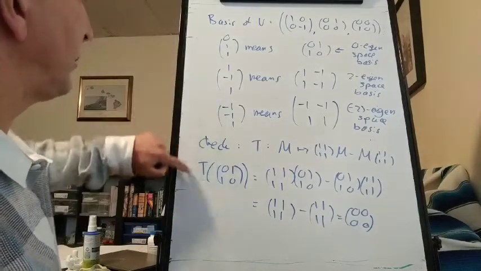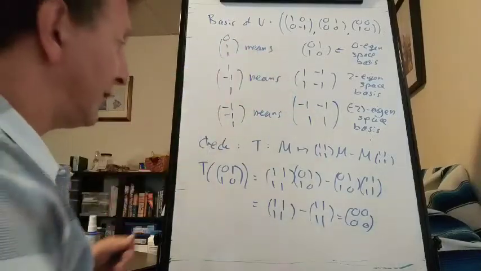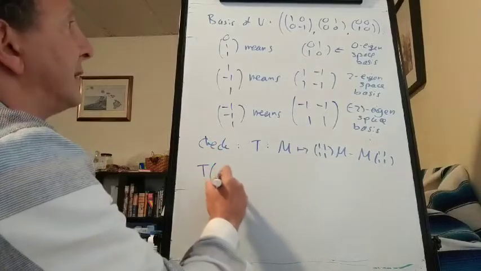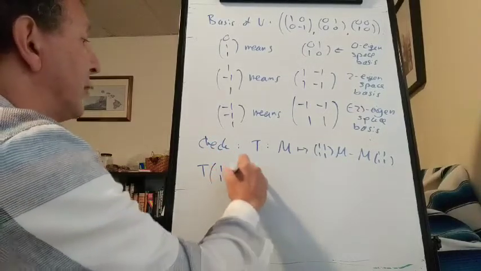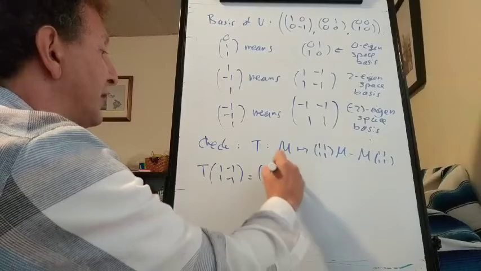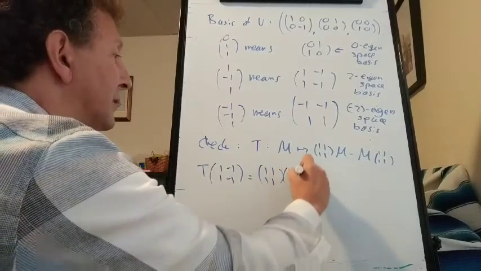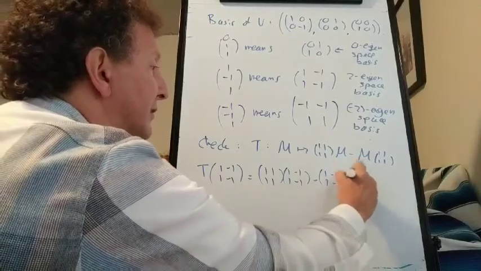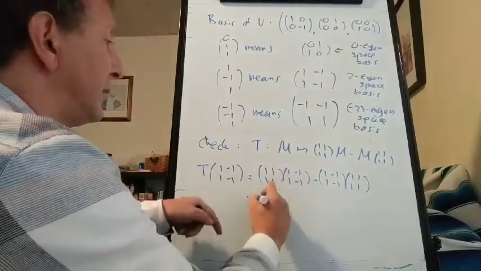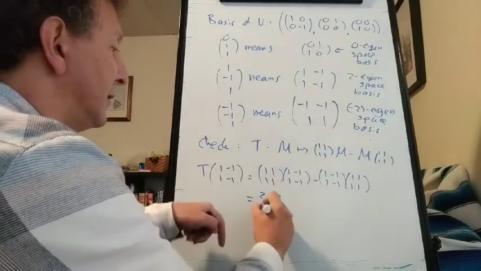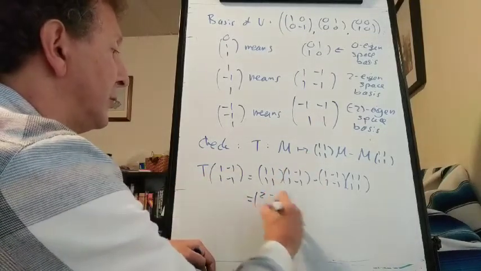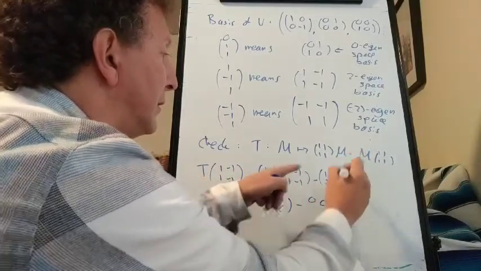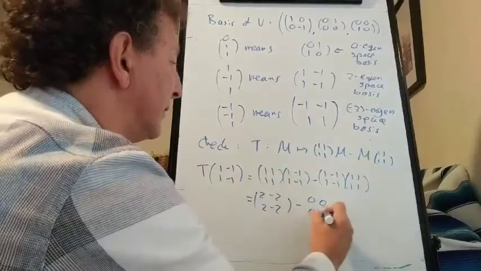Now let's see what happens if we apply T to that matrix and see if we get 2 times it. T times 1, negative 1, 1, negative 1 is the all ones matrix times 1, negative 1, 1, negative 1 minus 1, negative 1, 1, negative 1 times the all ones matrix, which is 2, negative 2, 2, negative 2 minus 0, 0, 0, 0.